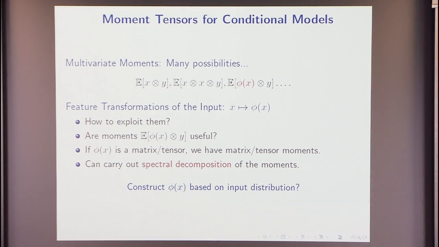This is why the input distribution also matters. Because if you think of these moments between the input and the label, they include the joint distribution of both the input and the label. So it's not just the conditional distribution of the label given the input that matters, but also this joint distribution. And we'll see what kinds of features can be constructed that will be useful for such cross-moment construction.